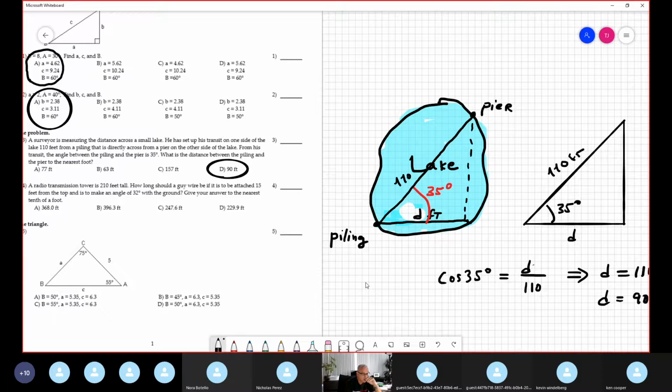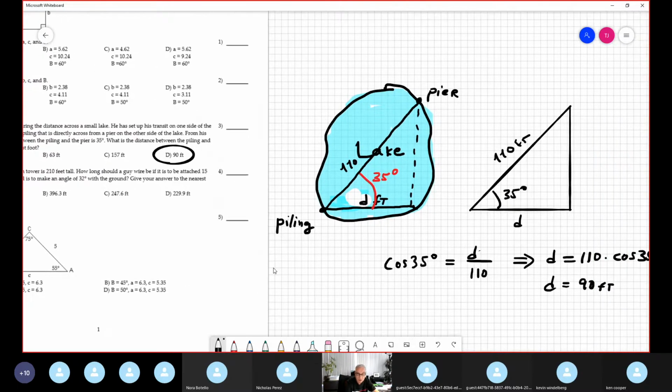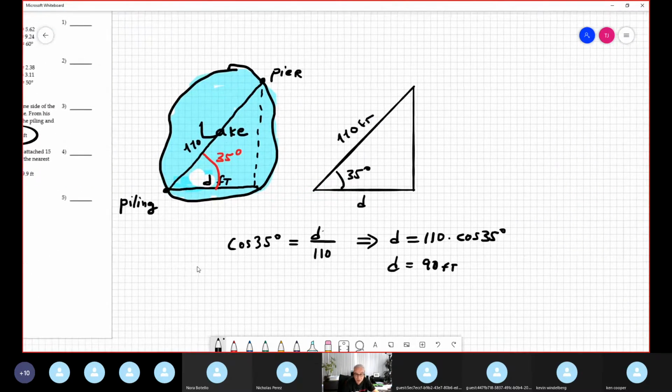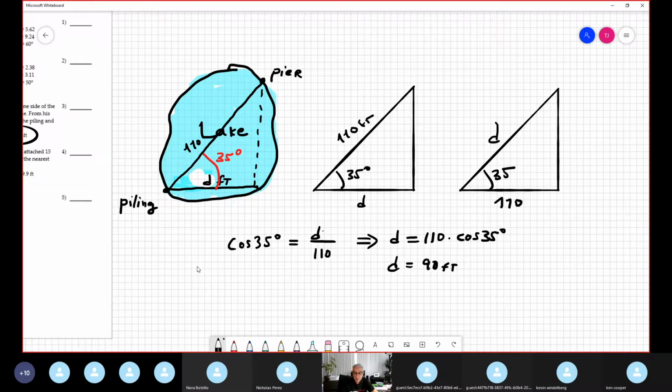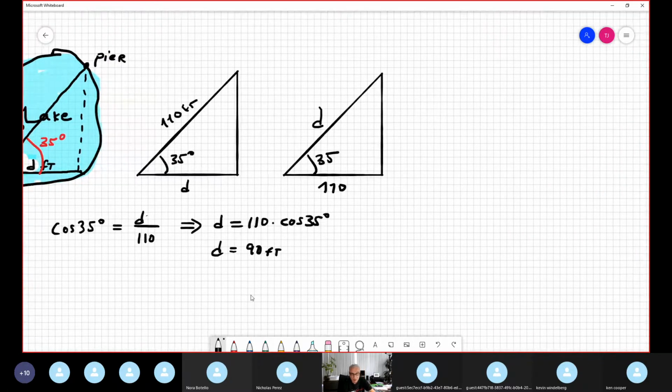Let me see if you consider the opposite direction. Let me see if it makes sense. And the other way, I think, is different. I don't know if I'm right or not. Let me try. It's 35 again. This is 110, and this is D. And the formula is the same, but it's completely reciprocal, no?